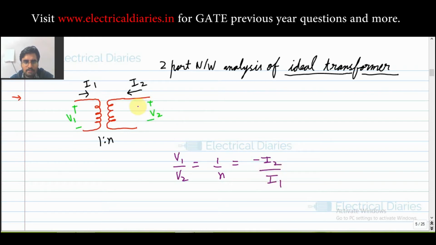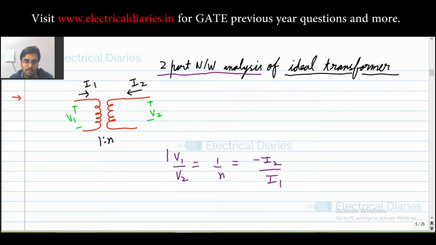Why minus? Because we have assumed the direction coming inside the transformer. And why have we assumed so? Because in two-port network analysis it's a standard that we have to take the current directions coming into the network.